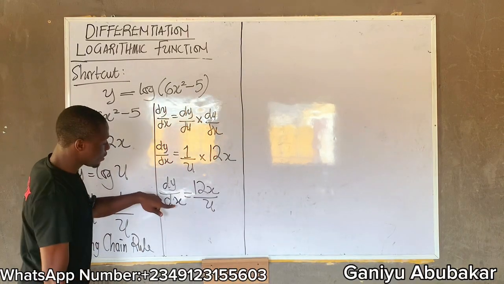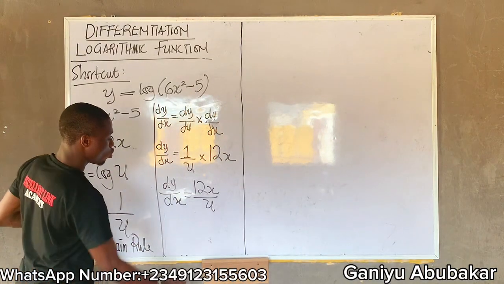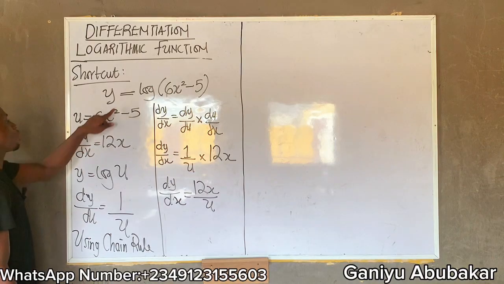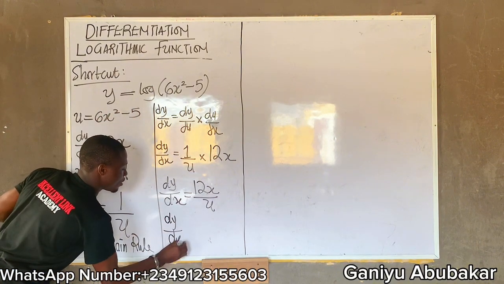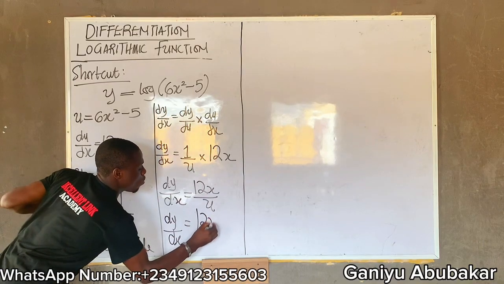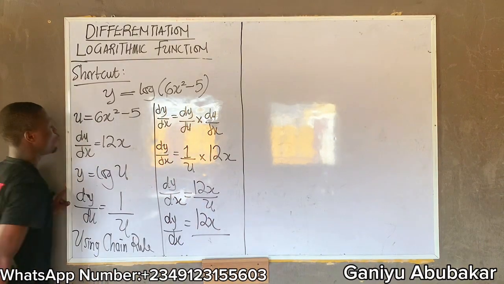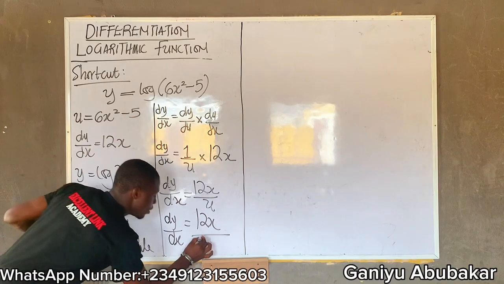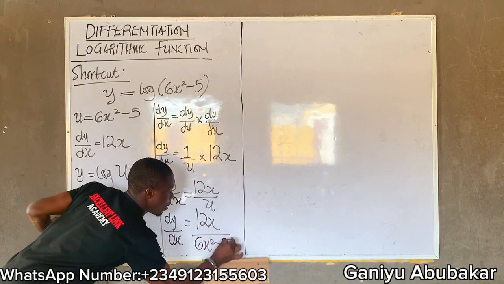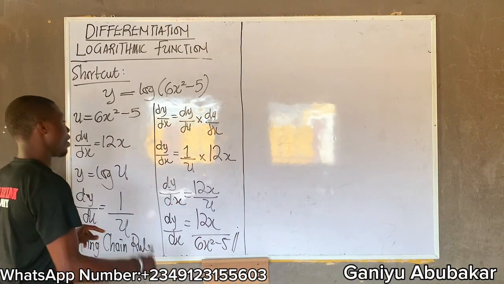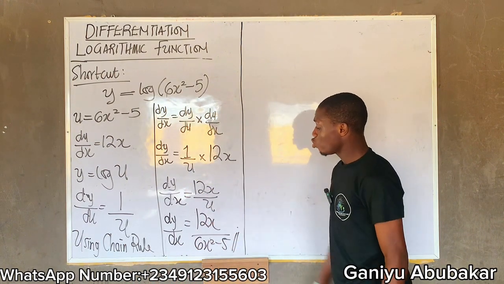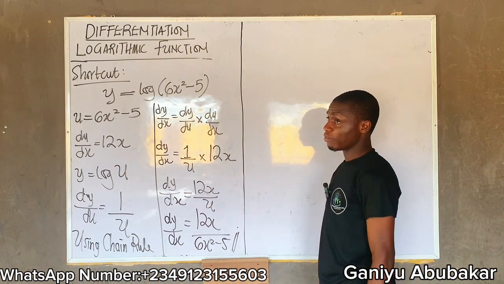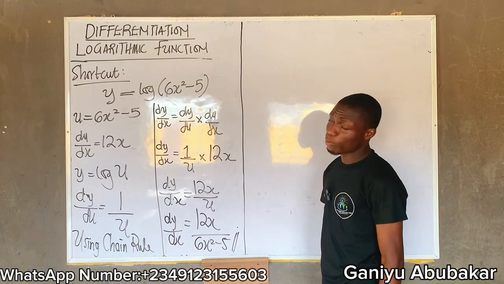But I can't express x in terms of u. So now where I see u, I'll put 6x squared minus 5. So I'm saying that dy over dx is equal to 12x over 6x squared minus 5. This is my final answer after differentiating this particular question. This is your normal procedure.